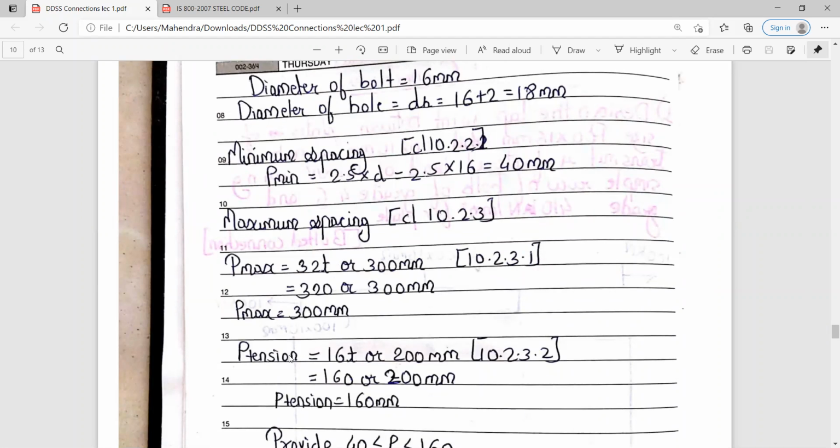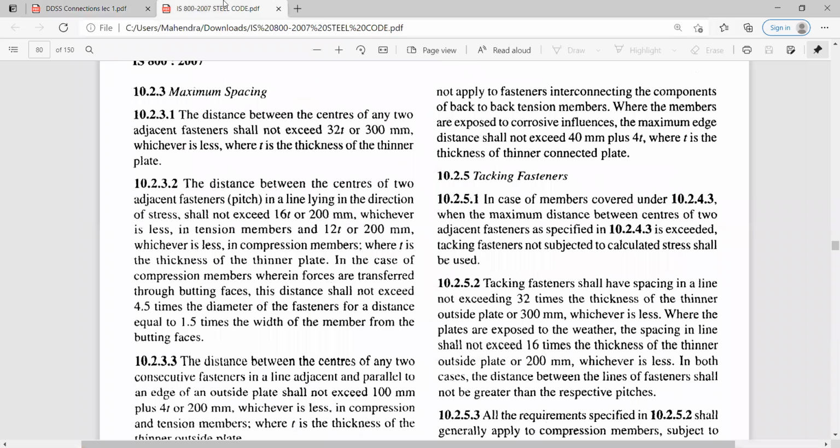उसके बाद में P for tension, again we have to refer clause number 10.2.3.2 from IS code. So the distance between the center of two adjacent fasteners, that is the pitch, shall not exceed 16T or 200 mm, whichever is less.